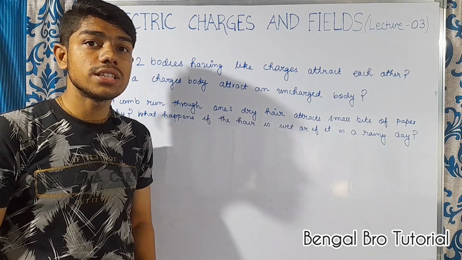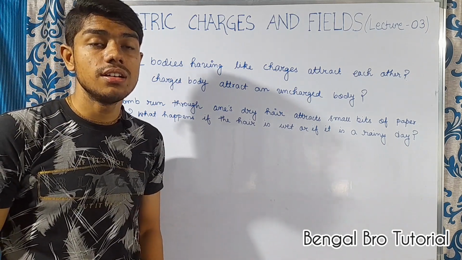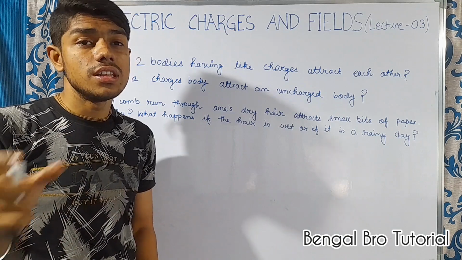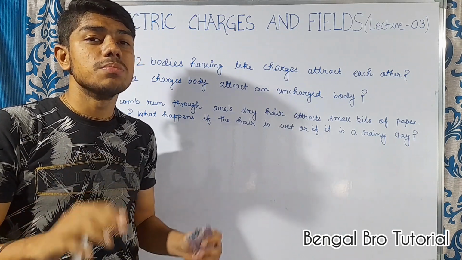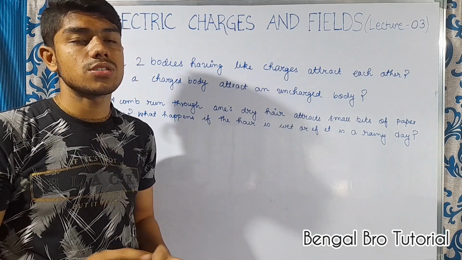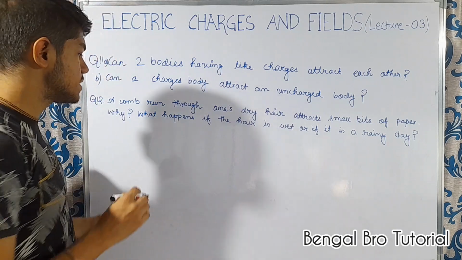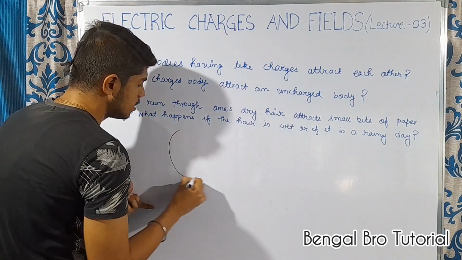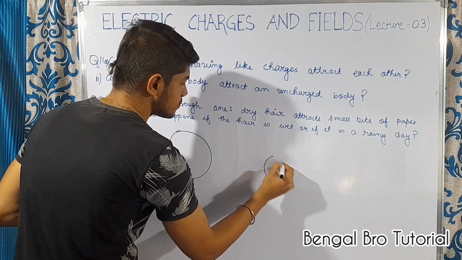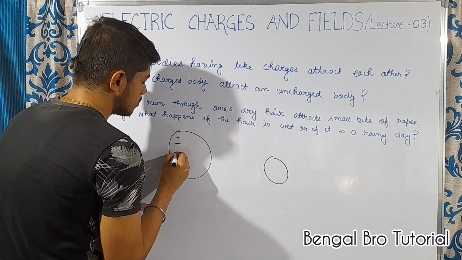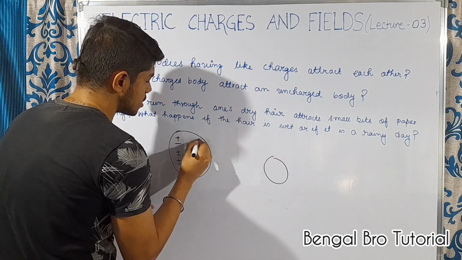Yes, two like charges can attract each other if and only if the charge on one body is much more compared to the charge on the other body. For example, let us consider two bodies that are positively charged.